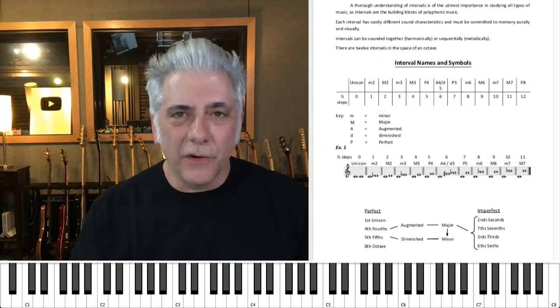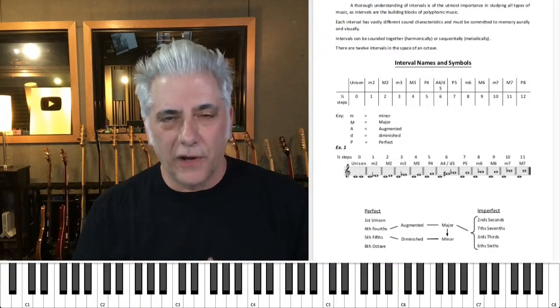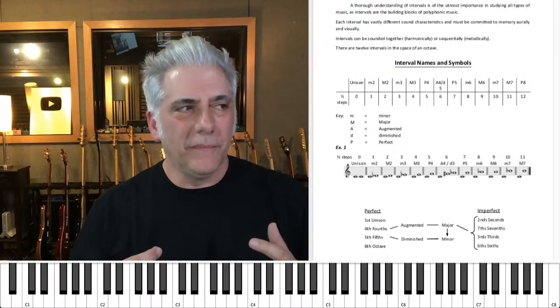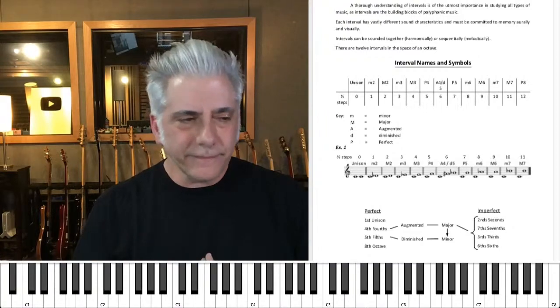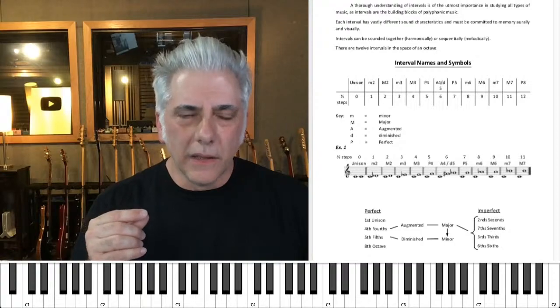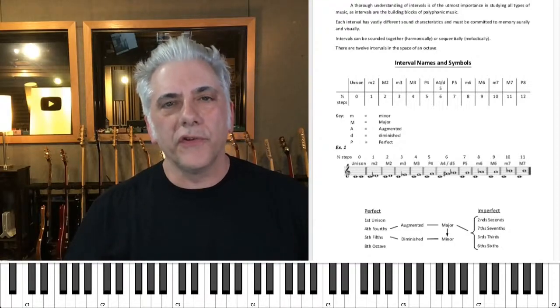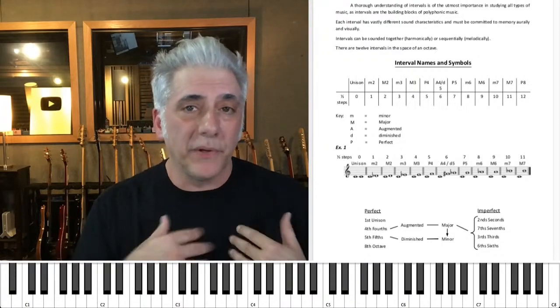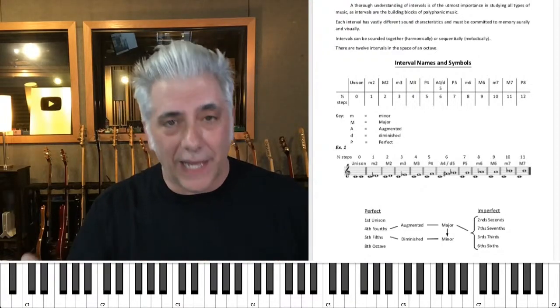A lowercase d is diminished, and an uppercase A is augmented. These are just the commonly used labels for intervals, okay? But the lowercase m for minor, we also use with minor chords, for example. If you play D minor, I put capital D and then a small m.